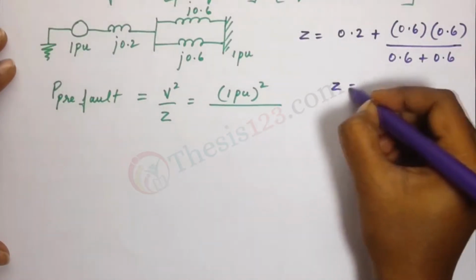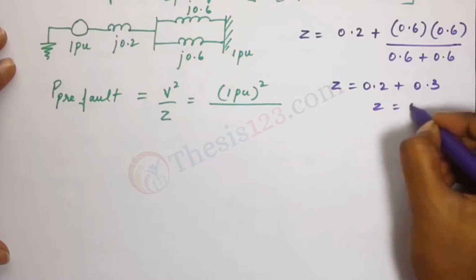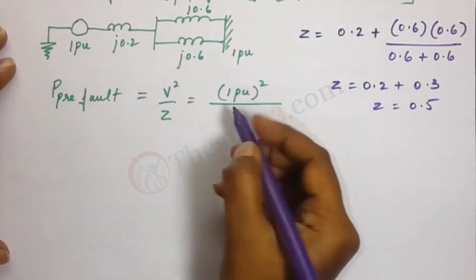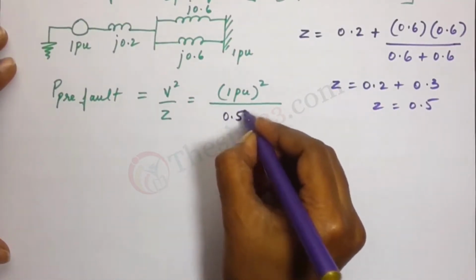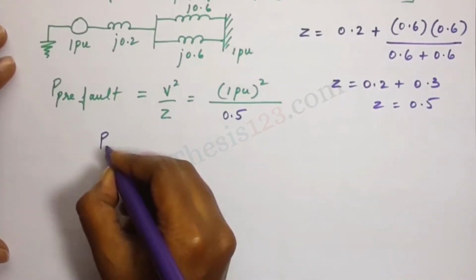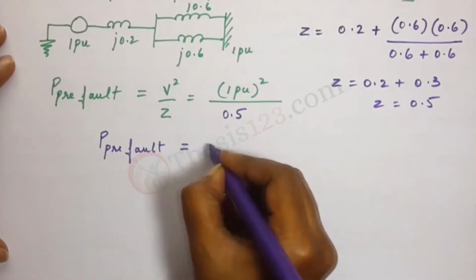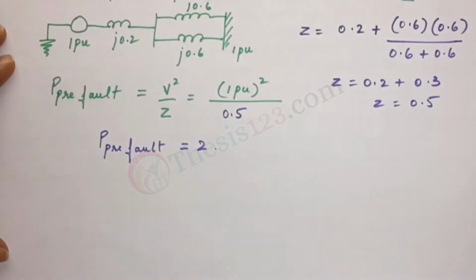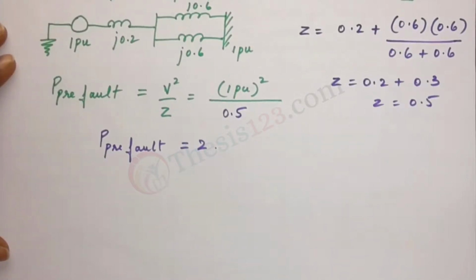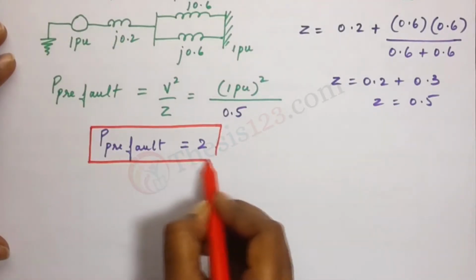So Z would be 0.2 plus 0.3, which is 0.5. Substitute that over here, 1 by 0.5 gives us a pre-fault power of 2. We'll keep this aside. This is the numerator part of the ratio that we are supposed to find.